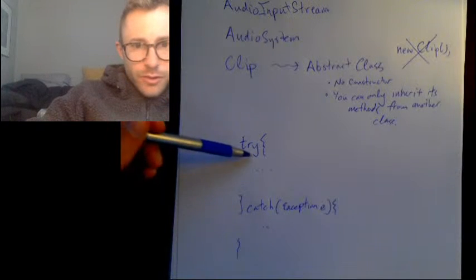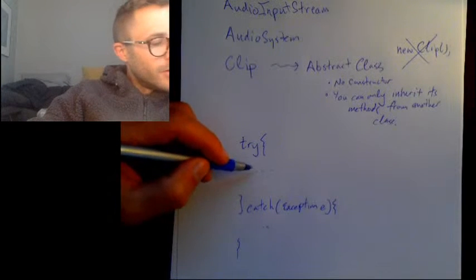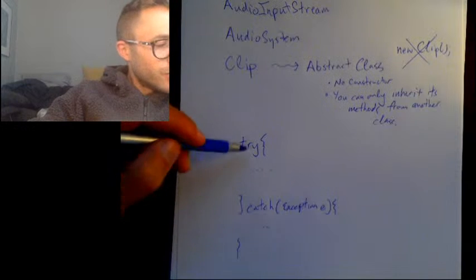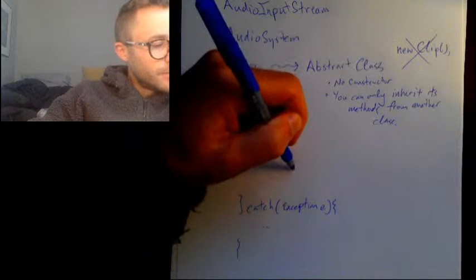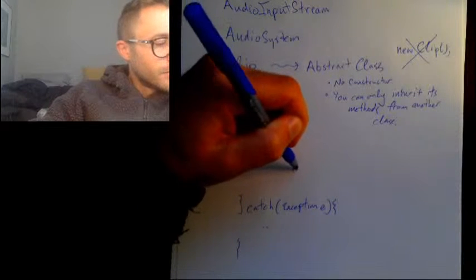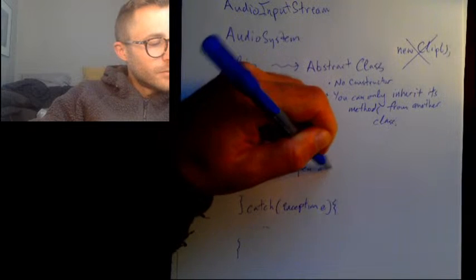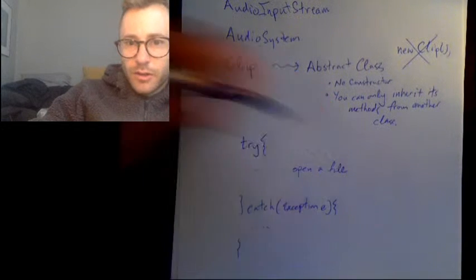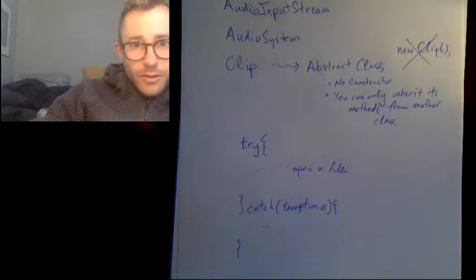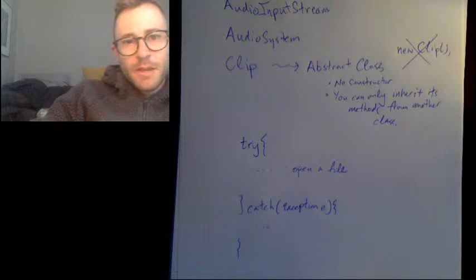So basically, the way we're going to be using it is we'll try to open a file, which we know can lead to an error because the file might not exist, okay?